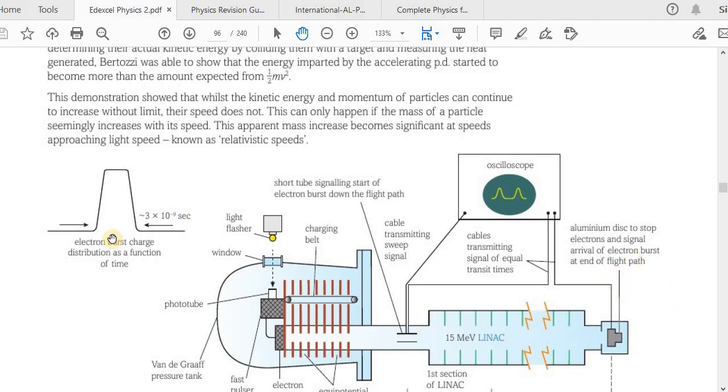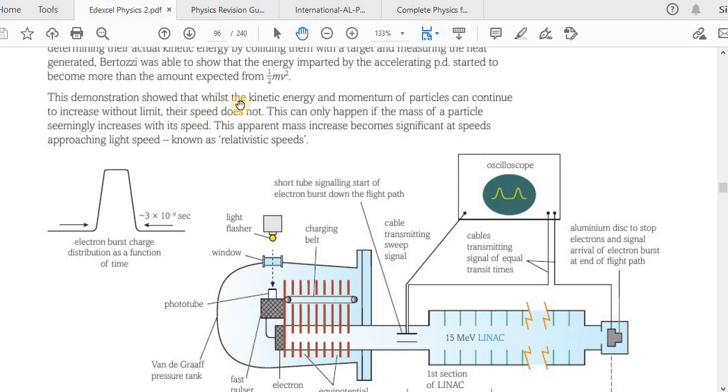Electron burst charge distribution as a function of time. So what happens is, when these particles are coming closer to the speed of light, and we know that they cannot exceed the speed of light, something should happen, right? So what happens is their mass increases.